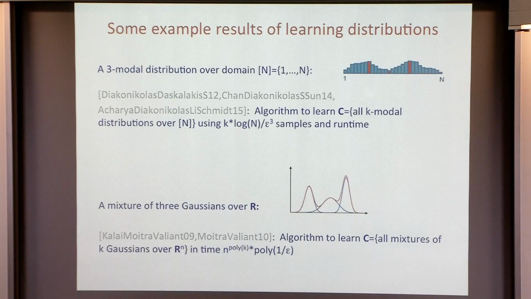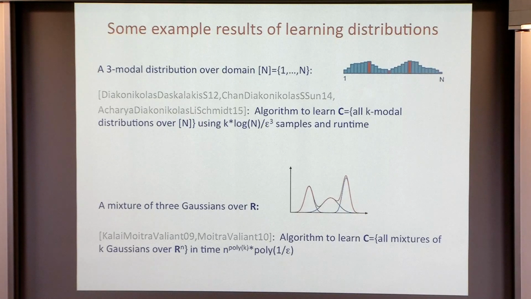And these are arbitrary Gaussians. They don't have to be axis aligned or anything. This is in polynomial time, at least as long as the number k is constant. So these are examples of basic results, analogous to what I was saying about conjunctions and linear threshold functions and decision lists and so on, for the distribution learning problem.